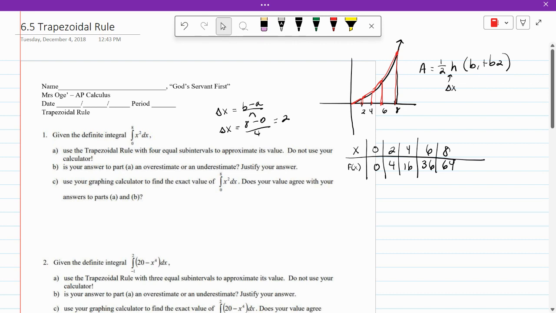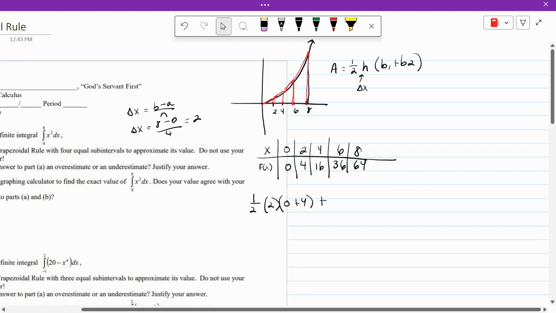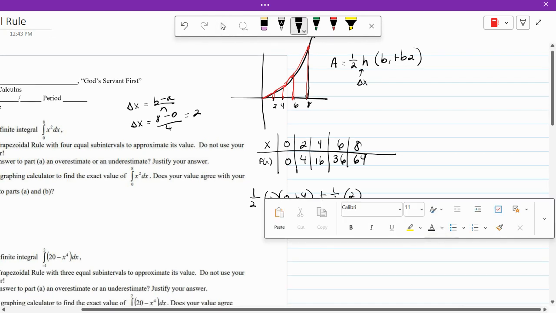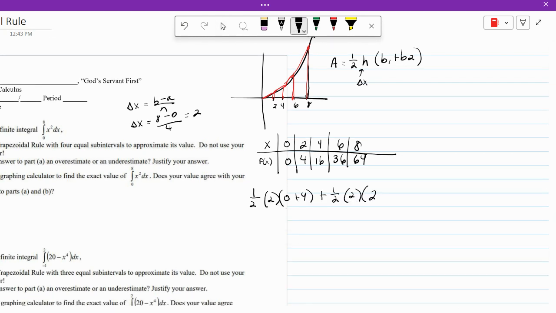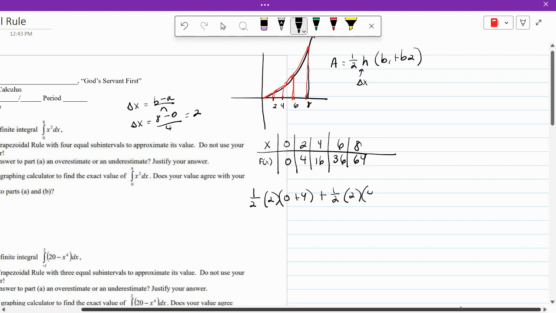So I'm going to start with the first trapezoid from 0 to 2. So 1/2 times 2, that's the height, times base 1 plus base 2: the value of the function on the left plus the value of the function on the right. Then the next trapezoid is 1/2 times the height, which is the delta x, times base 1 plus base 2. So the value of the function on the left plus the value of the function on the right.